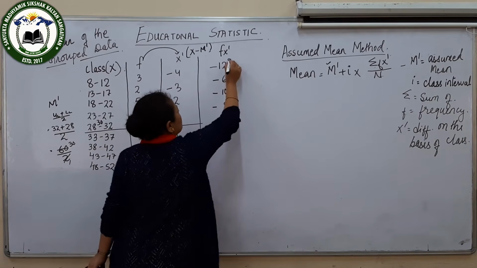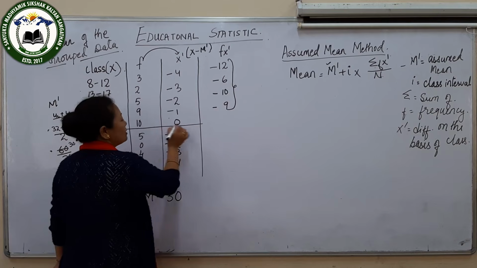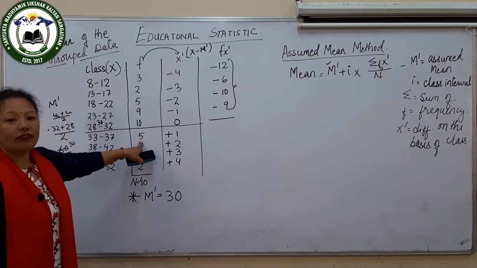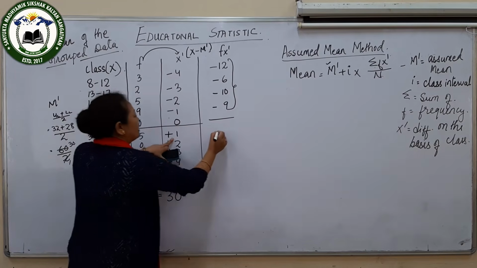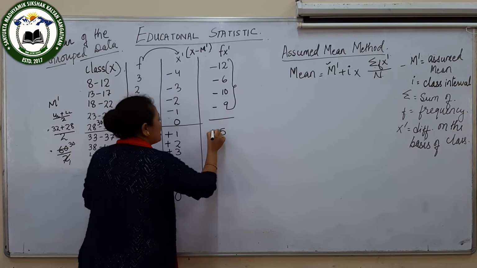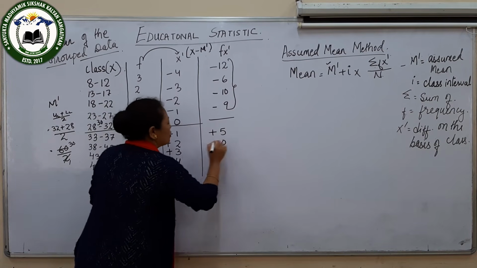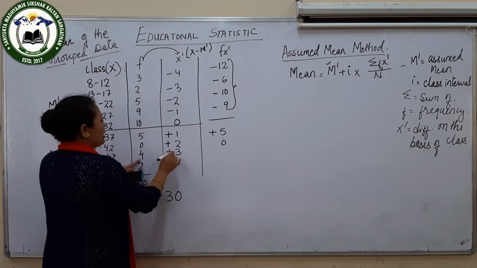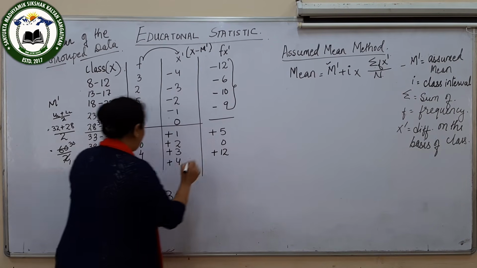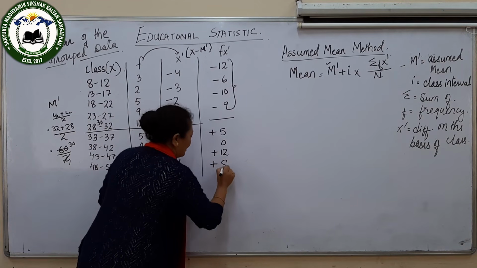So, you add all these numbers. 10 zeros are 0, so no need to write anything. Now, 5 into 1 is 5. Since this number is positive, I'll write plus. 2 zeros are 0. 3 fours are plus 12. Likewise, 4 twos are plus 8.